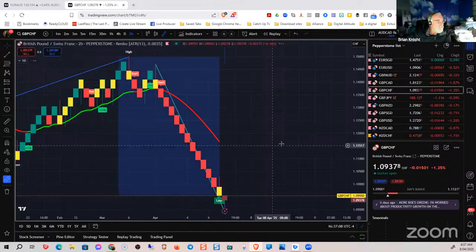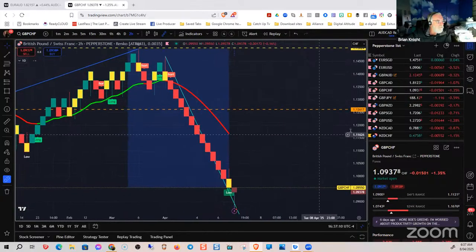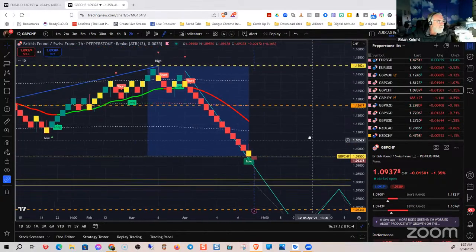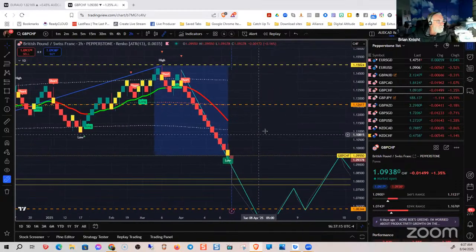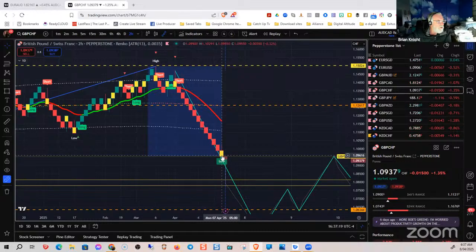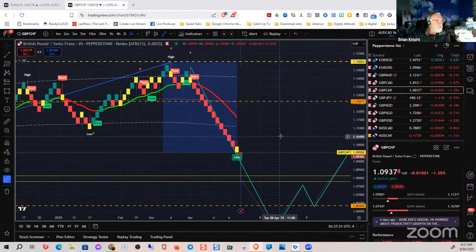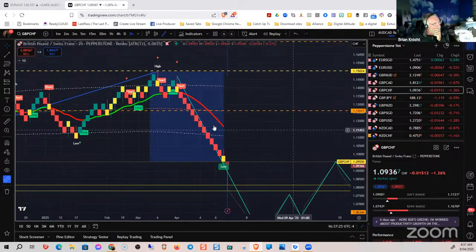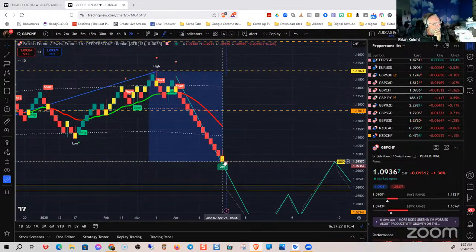GBP. This one's a bit in uncharted territory at the moment, though. We've still got the red.